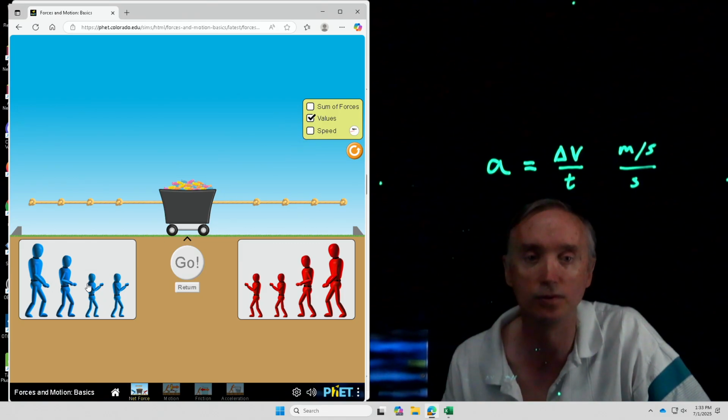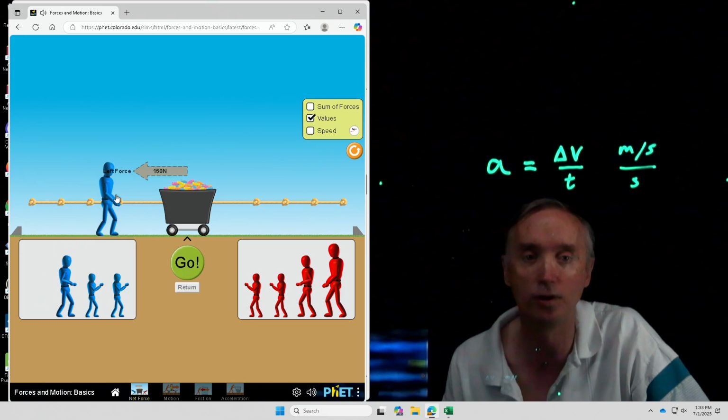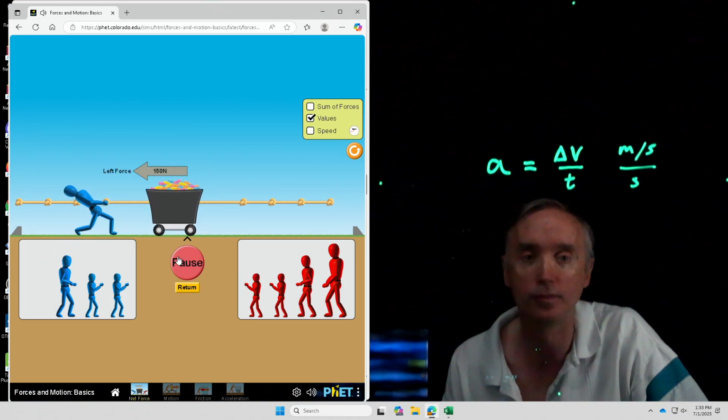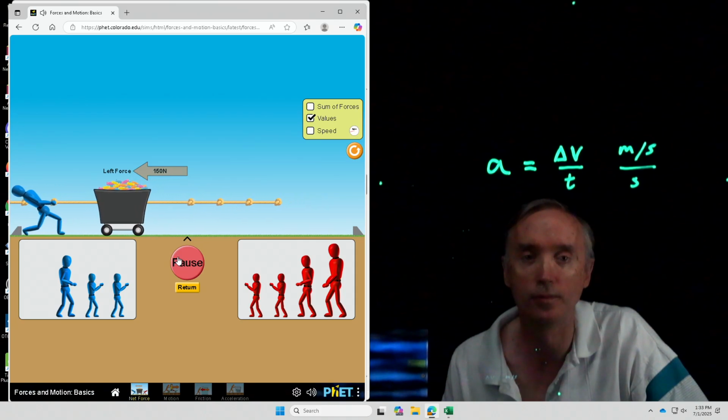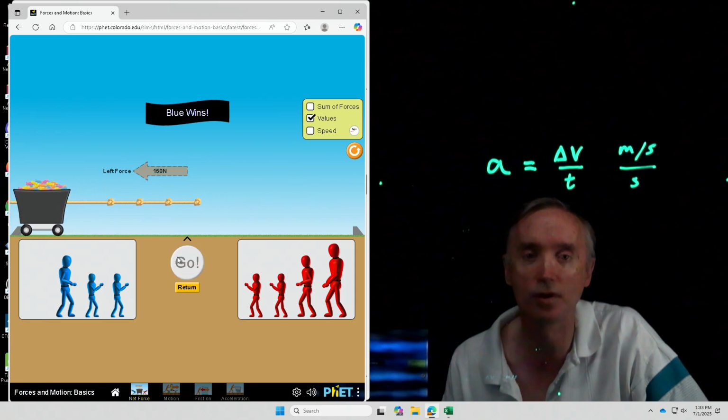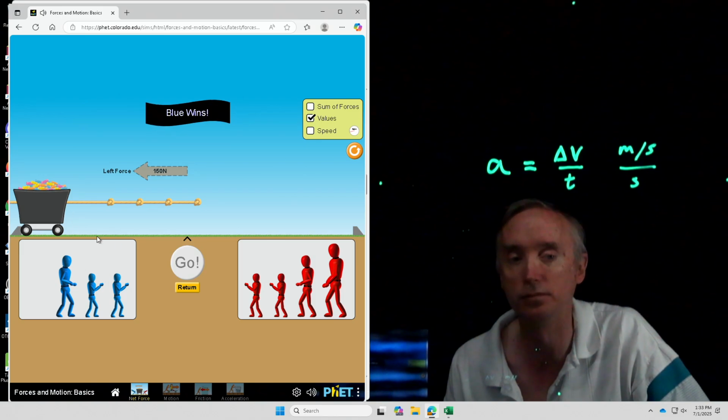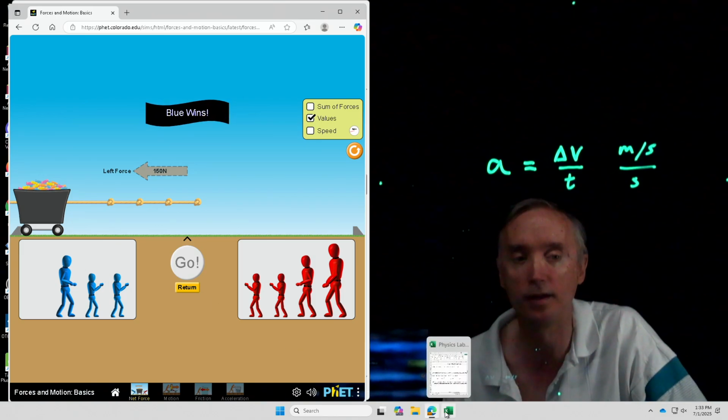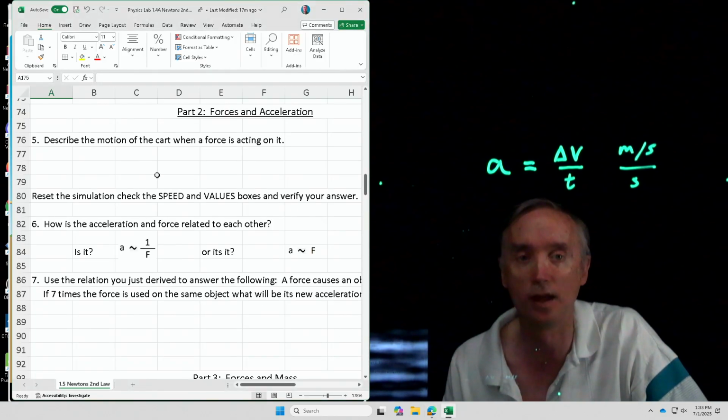So we're going to take, how about an adult? Let's take an adult and put them on there, and then hit the go button. Okay, how would you describe what that ore cart is doing? And then you will put that into the lab.